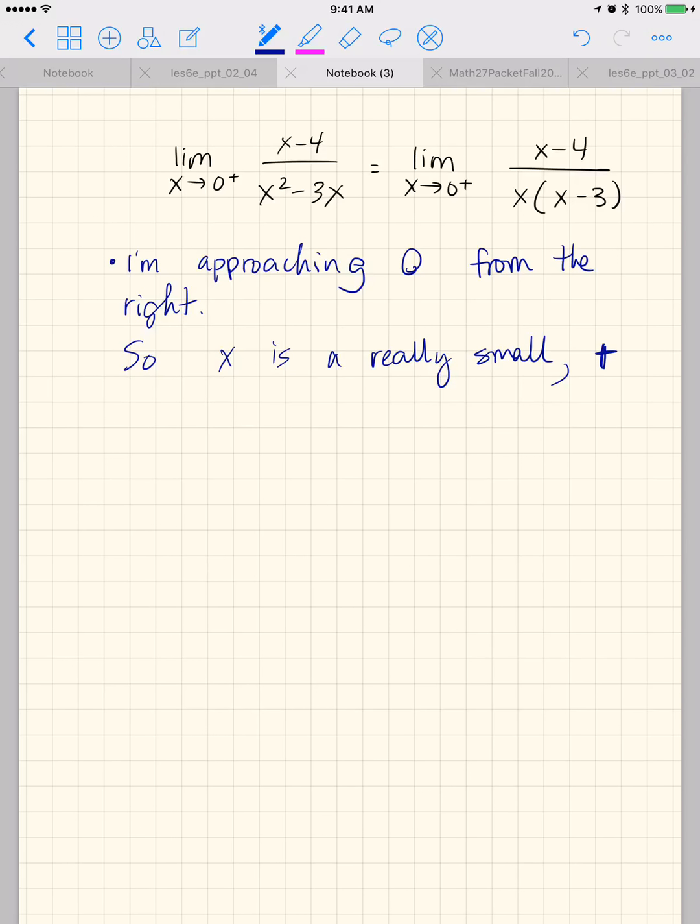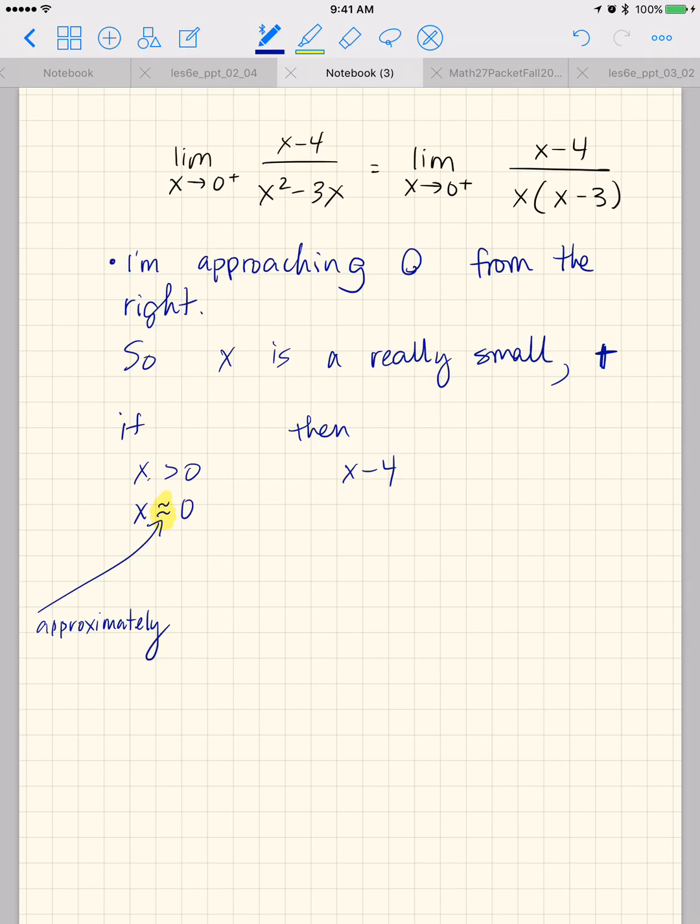So if x is a really small positive number, do you all know what this notation means? When I put this little squiggly here, it means approximately.